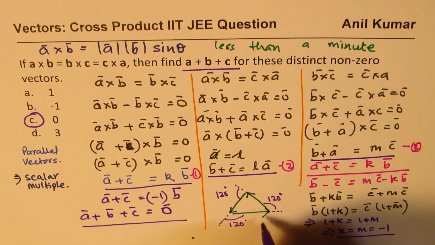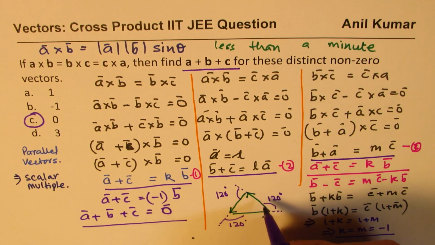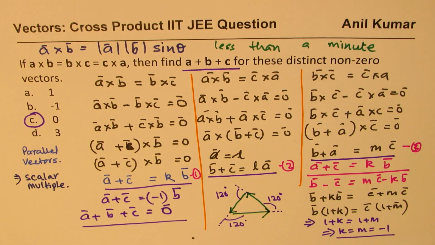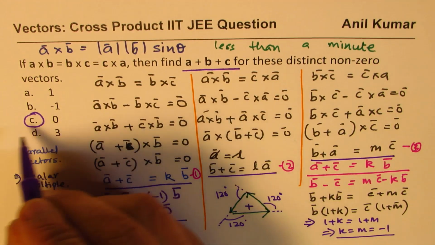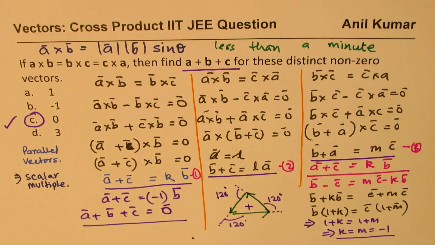And if we assume that these are of the same magnitude, the magnitude could be the same, direction is different. In that case, what is the sum of this? When you add them up, it is 0. Correct?